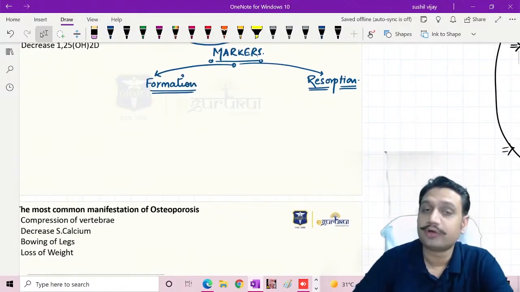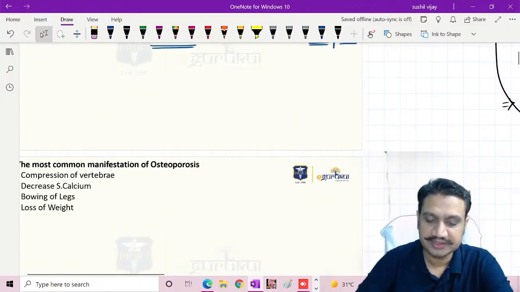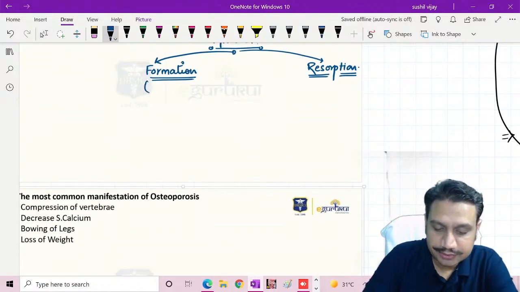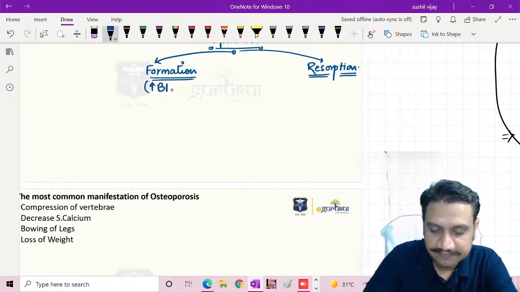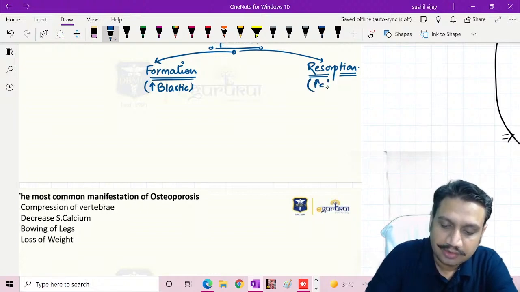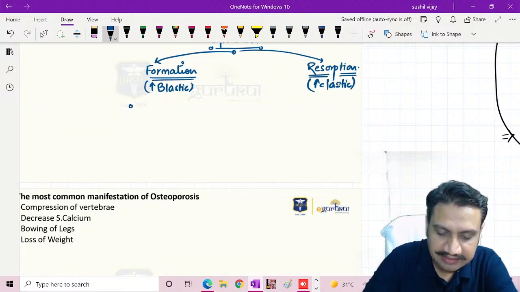So, markers of formation mean it is showing increased blastic activity. So, what are the proteins which are secreted by the blast, or what are the proteins which are secreted by the clast? They are the most important ones.